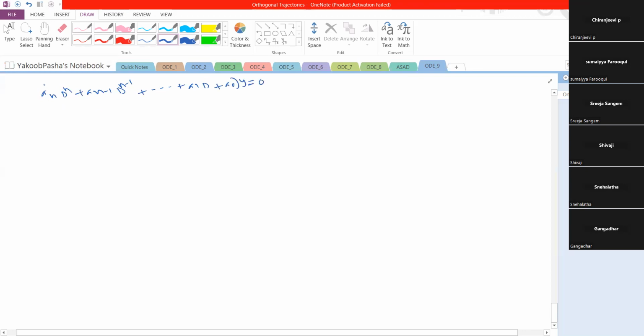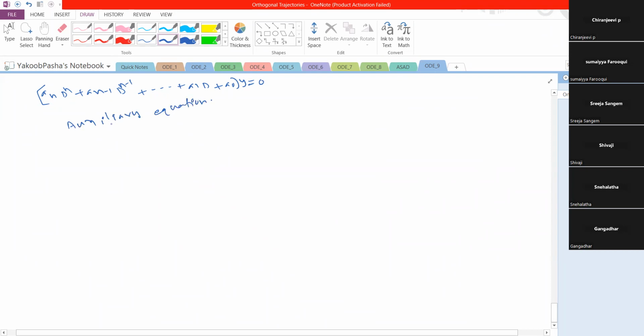To find the complementary function, we have to take the corresponding homogeneous linear differential equation. For this differential equation, we have to write the auxiliary equation. It is called the helping equation.